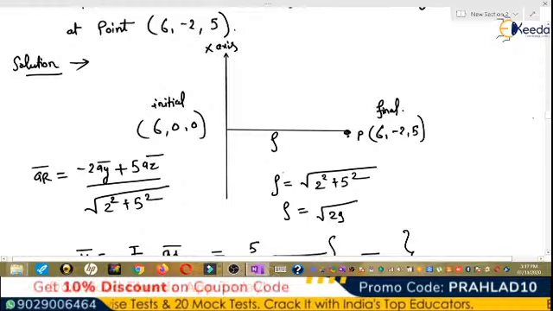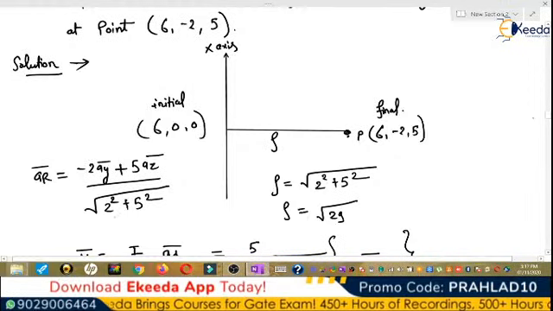So rho is under root of 2 square plus 5 square, and rho is root of 29, and AR vector is the same, final minus initial by magnitude. So it is minus 2 AY plus 5 AZ by under root of 2 square plus 5 square.